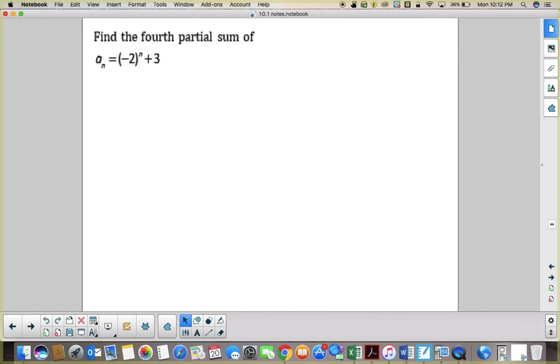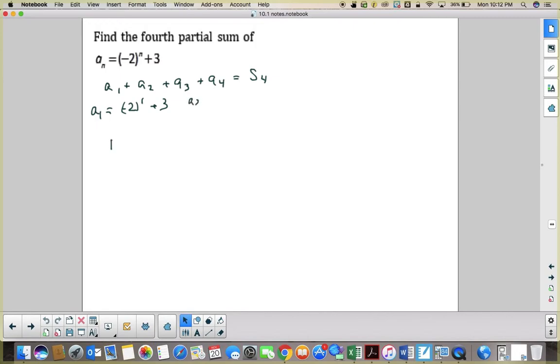If you had to find the fourth partial sum, that means you're going to add a sub 1 plus a sub 2 plus a sub 3 plus a sub 4. So if we put in 1, a sub 1, we would get negative 2 to the first power plus 3. So that would give me 1.